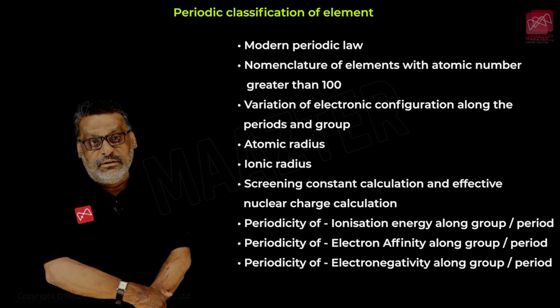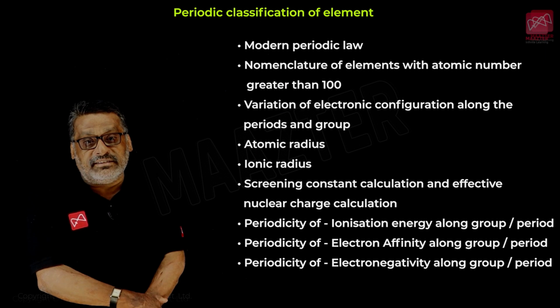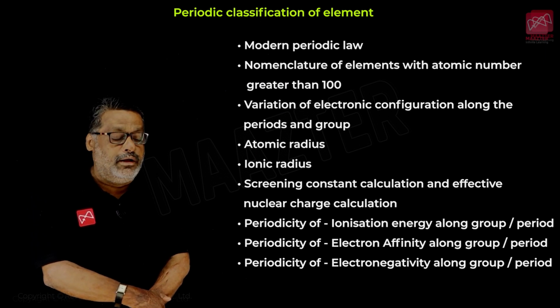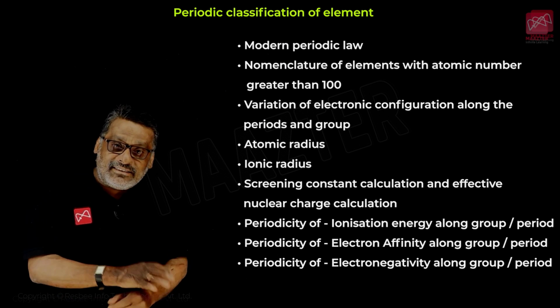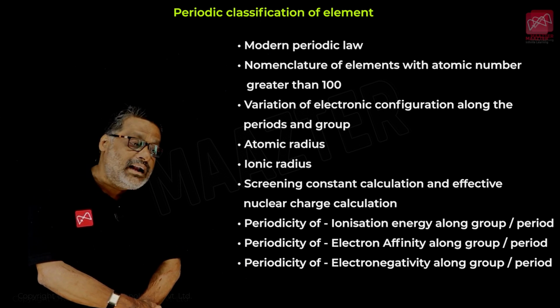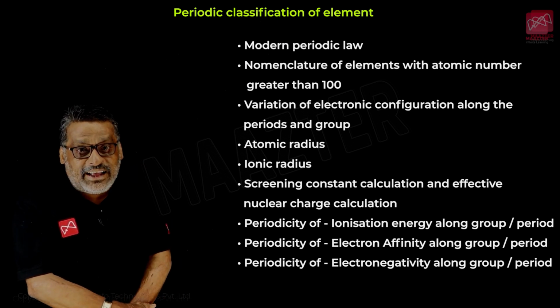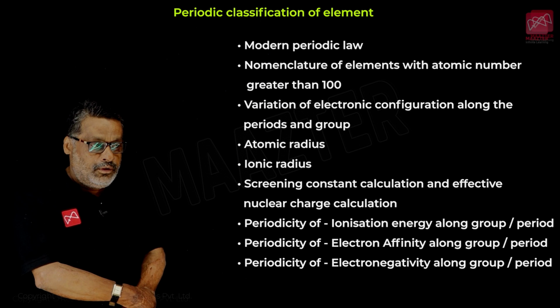We have to discuss the reason for the changes, and we have to give some reasoning type of questions: comparison of ionization energies of boron and beryllium, nitrogen and oxygen, why inert gases have high ionization energy, like that. Similarly, electron affinity of fluorine and chlorine, why electron affinity of inert gases is 0, like that we can expect some reasoning type of questions also.